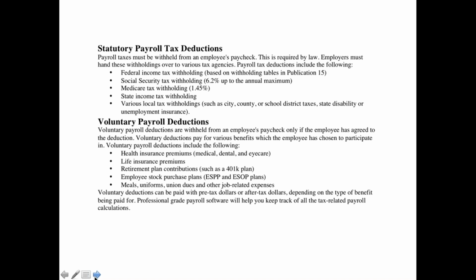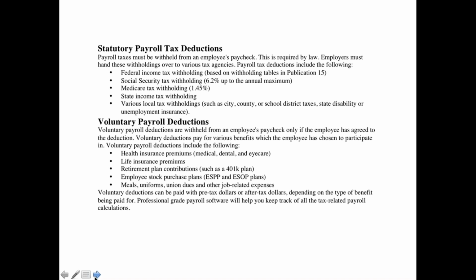That's the voluntary side. Now, you also have those tax deductions that are required by law and require that you do the capture of them. When you hire people, you do an I-9, which is your immigration form, and they're required to have that to prove they have the right to work in the United States.